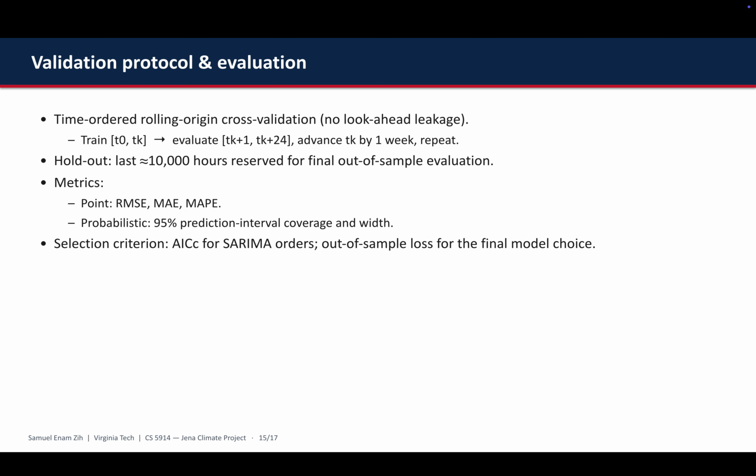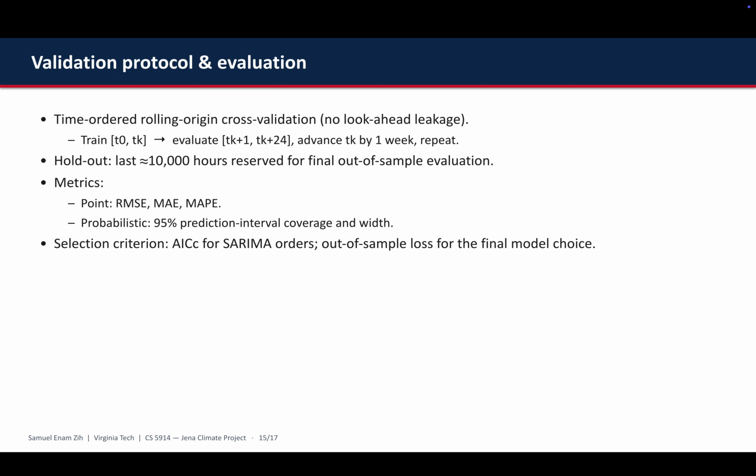Metrics: RMSE, MAE, MAPE for point forecast, and 95% prediction interval coverage and width for probabilistic comparison. Since SARIMA gives me intervals natively, model selection happens on the cross-validation folds, not on the holdout. The holdout is reported once.